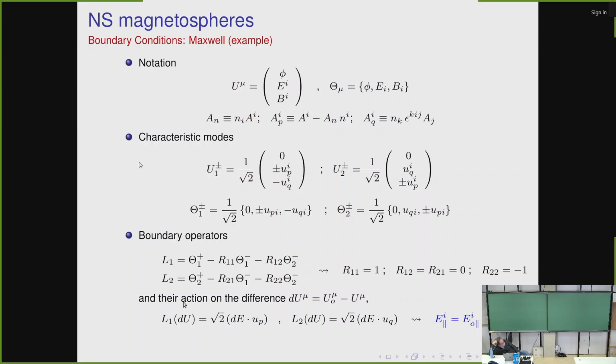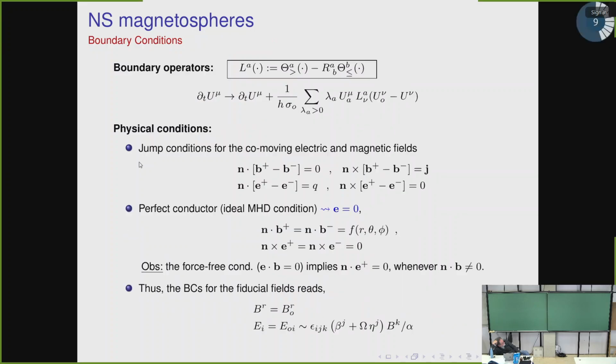This way you see the operators enforce both components of the transverse electric field to the value you want. In particular, since we are not in the co-moving frame, this is not zero, but some fiducial value of the electric field.